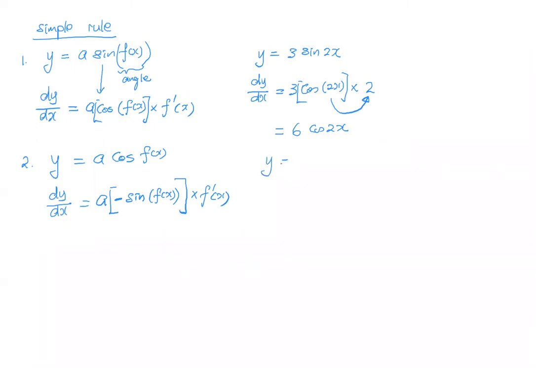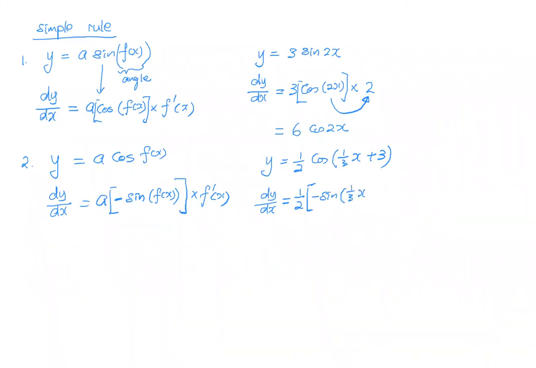So y equal to half cos (1/3 x plus 3). So dy/dx. Can someone direct me what to do? Take 1/2, open bracket, negative sign, negative sin, copy down the whole thing.